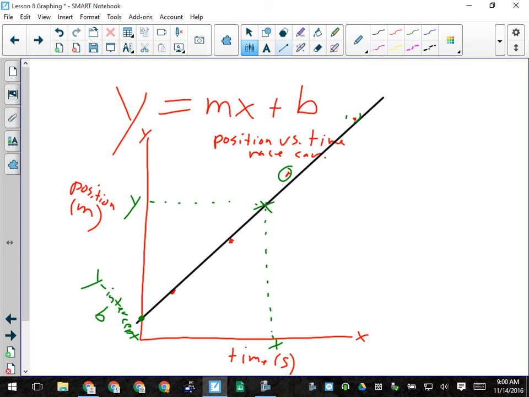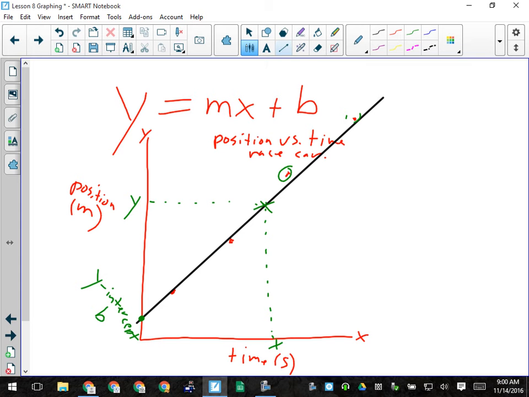On this graph, the slope of the line is telling me the relationship between the position of the race car and the time of the race car. What did we learn last week that is the relationship between how far an object goes and how long it takes? Speed.